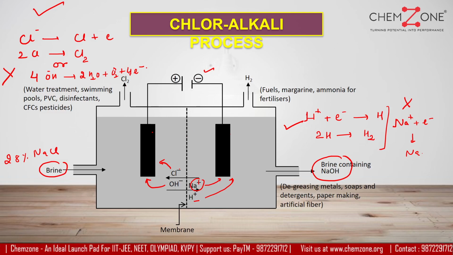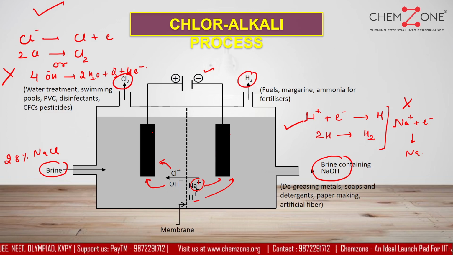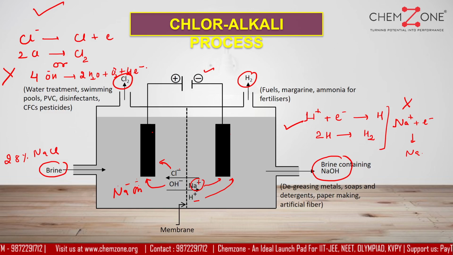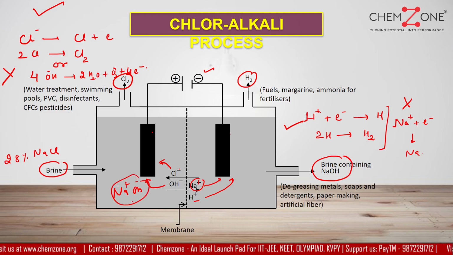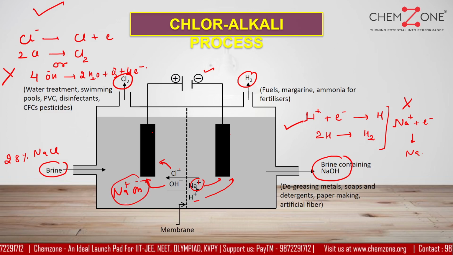So here the chlorine is liberated and here hydrogen is liberated. And in the solution we are left with the sodium ion and the OH ion, right? That's how we get the sodium hydroxide in the solution.